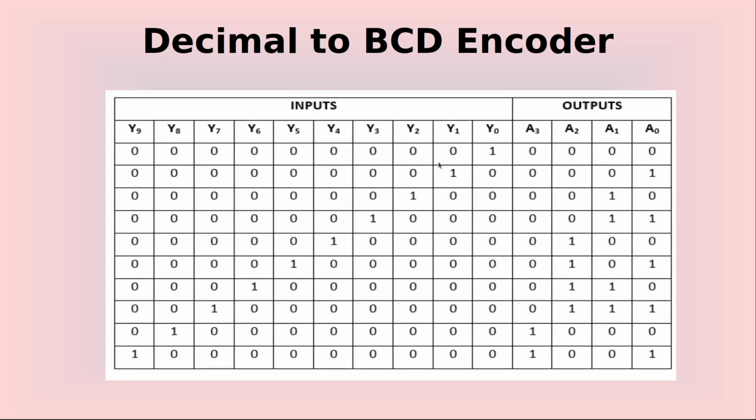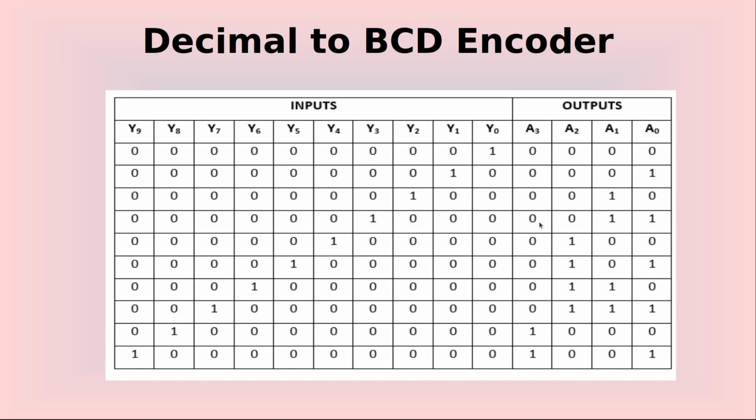Same as the previous one, if y0 means 0, it is represented as a unique binary code 0000. 1 means 0001, y3 means 0011, and y9 means 1001. So this is one example.